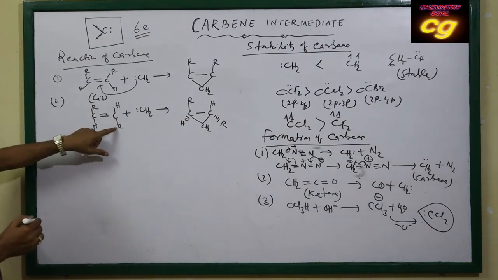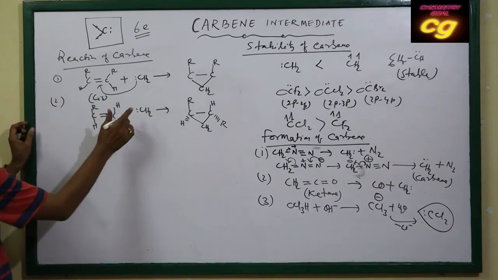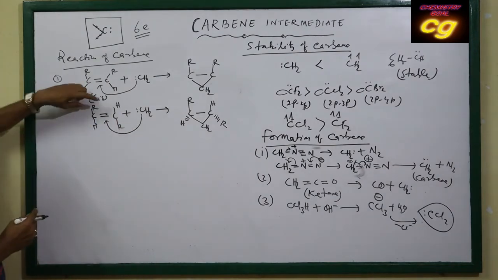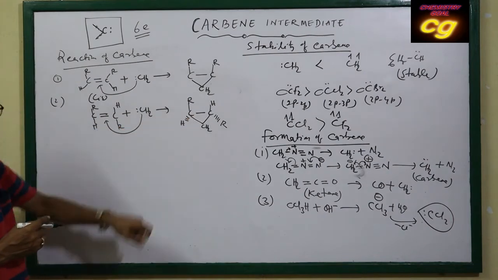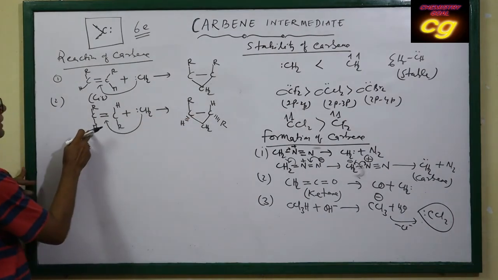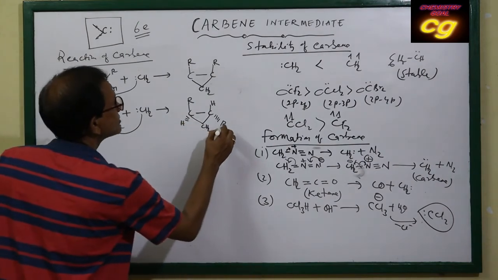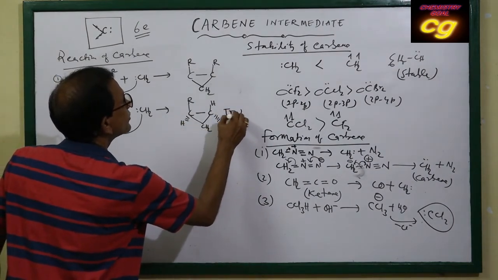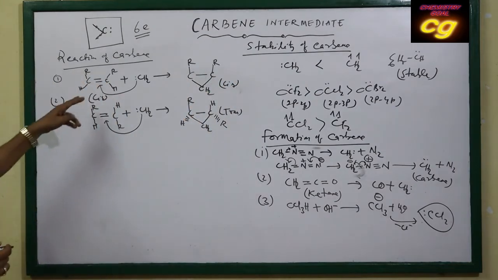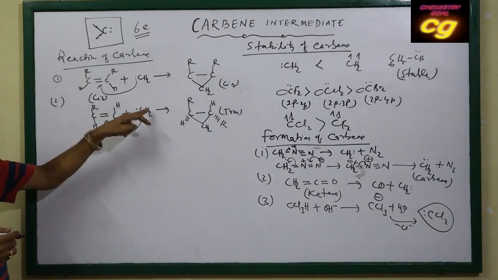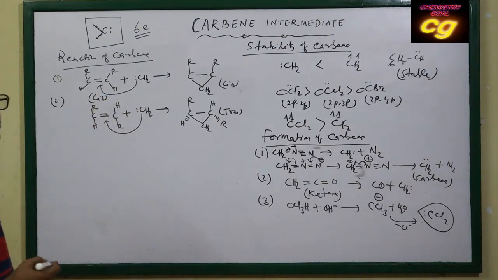Here H and R are in opposite directions. So what happens? When CCl2 is added, one R will be in the same plane with the CCl2 group because a cyclic compound is forming, and the other R and H will be in another plane. So this is the trans product, and this is your cis product. Remember, this is very important: formation of a cyclic compound by carbene when it is added to a pi bond.